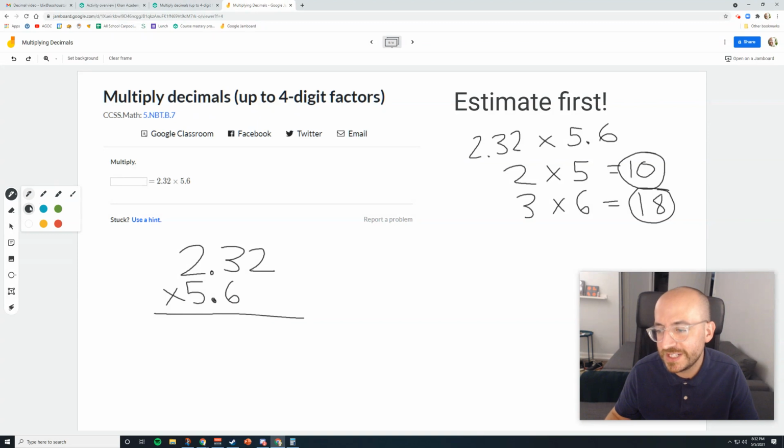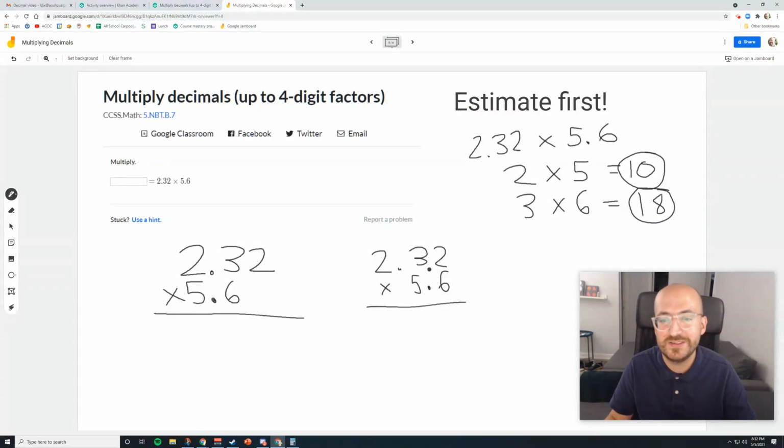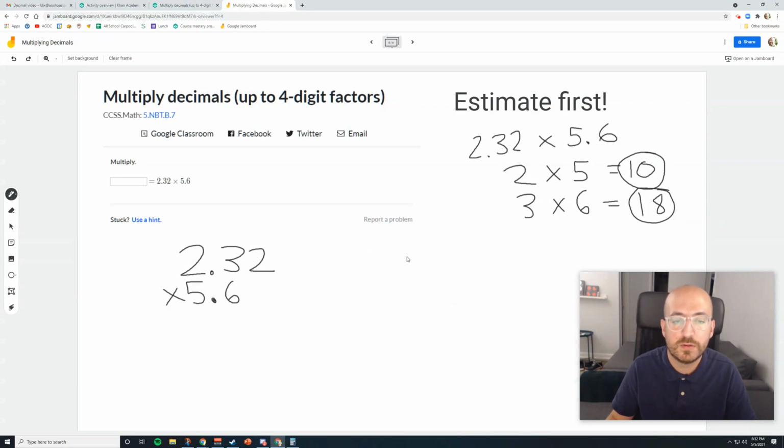Let me know, teachers and friends, if you would even move this over, or if you line up the decimal points, or if you'd rather move it. Maybe you do it like this: 2.32 times 5.6. Like you line up these, but then it feels a little weird because they're different values. Like the tenths place, they're in different place values. Or do you put bigger on top? 5.6 times 2.32.